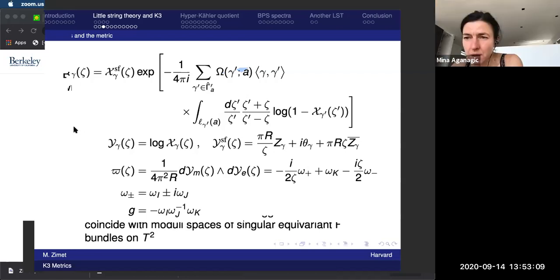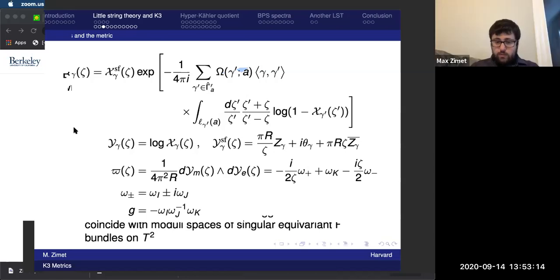Yeah, we know. One way to see this is if you study a limit where the D3 brane zooms in near one of the singular fibers, and you take a low energy limit, then you just get a 4-dimensional quantum field theory rather than the full little string theory. So if you just zoom in near one singular fiber, we know parts of the BPS spectra of those field theories.